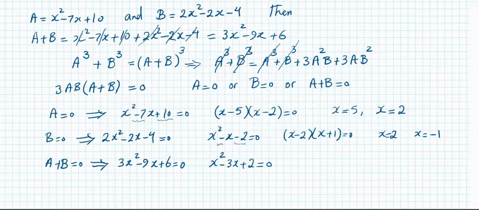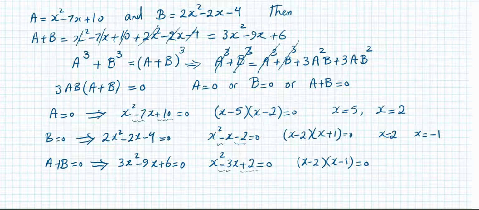And what are the two numbers that if you multiply them, it is plus 2, and if you add them, it's minus 3? So that would be (x minus 2)(x minus 1). And this would result in x as 2 and x as 1.